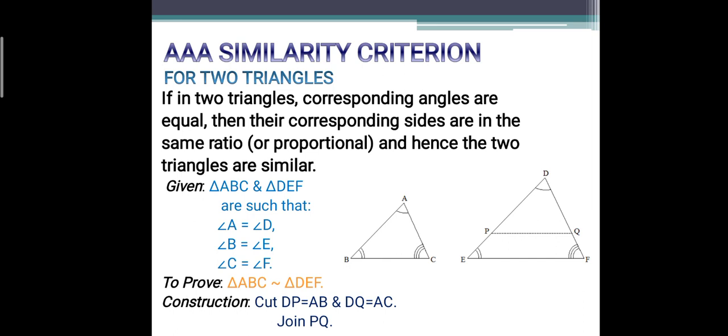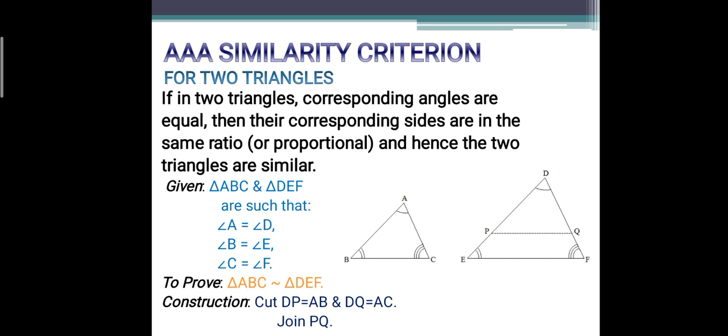Angle angle angle criteria of similarity of two triangles: if in two triangles corresponding angles are equal, then their corresponding sides are in the same proportion, and hence the two triangles are similar. AAA criteria can also be stated as if two angles of one triangle are respectively equal to two angles of another triangle, then the two triangles are similar.